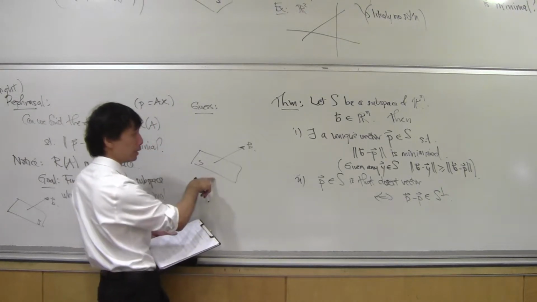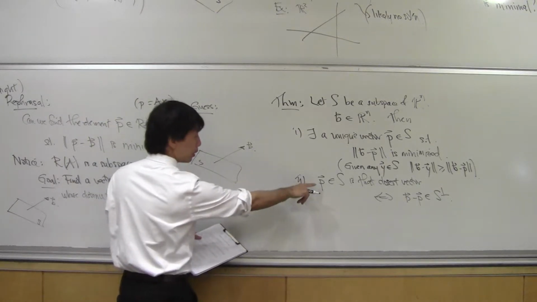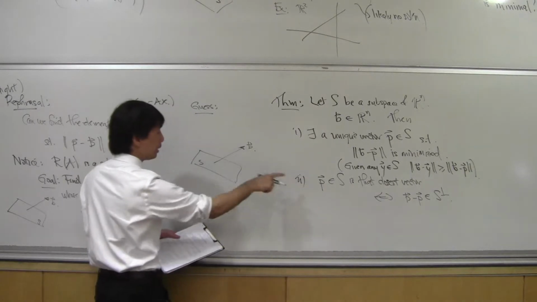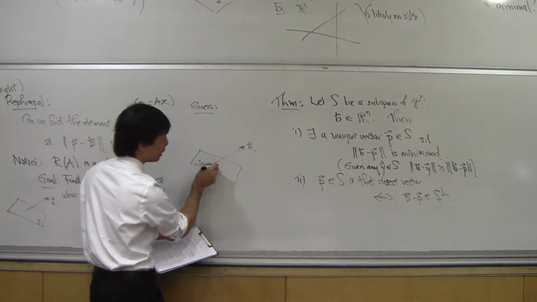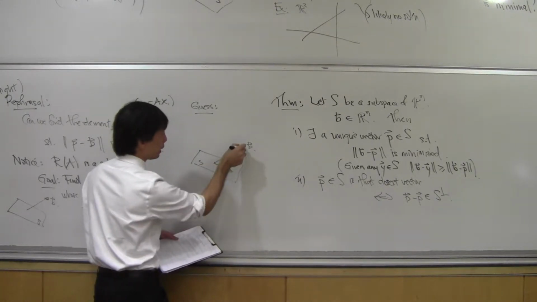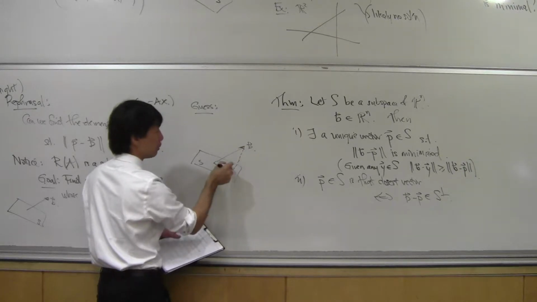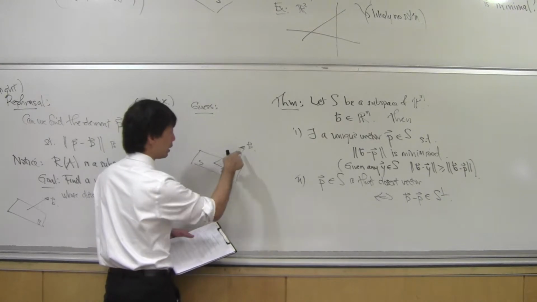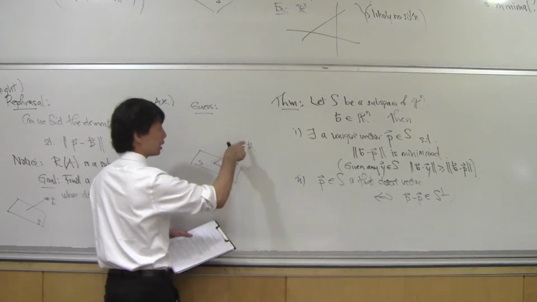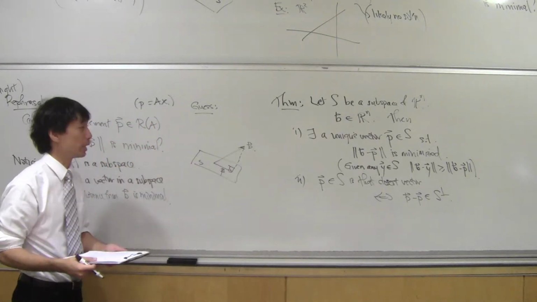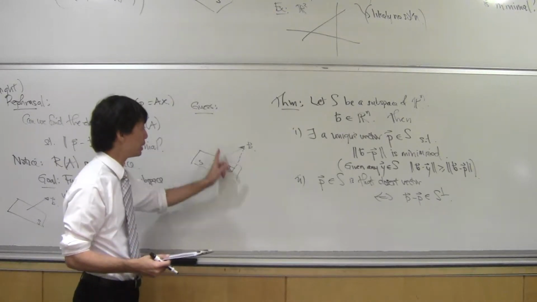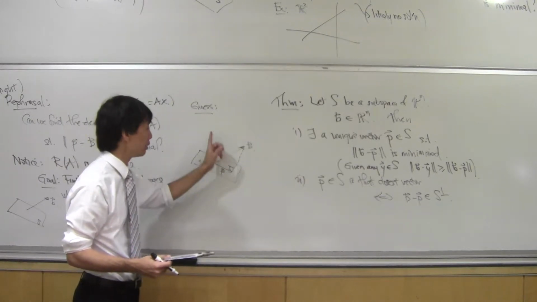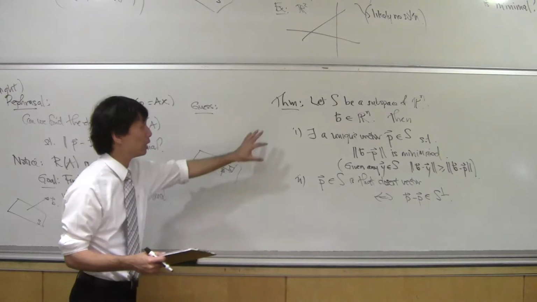The guy we're looking for is the one where if we subtract that off from b, then we get something perpendicular to S. So what we said about the three-dimensional case is going to be true in higher dimensions.